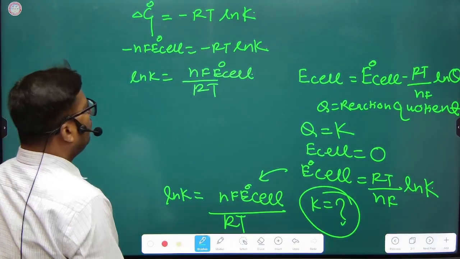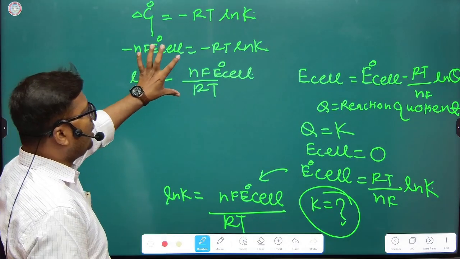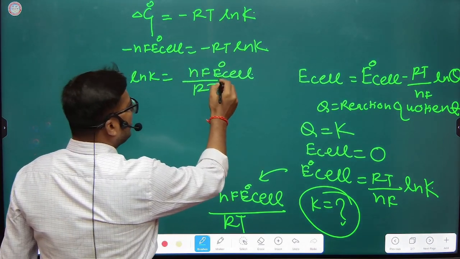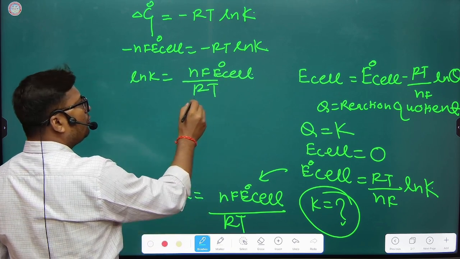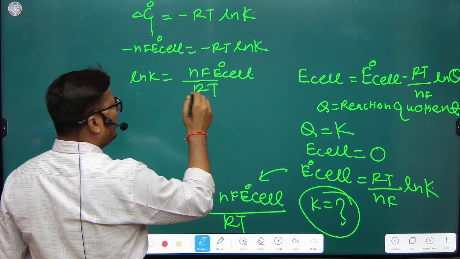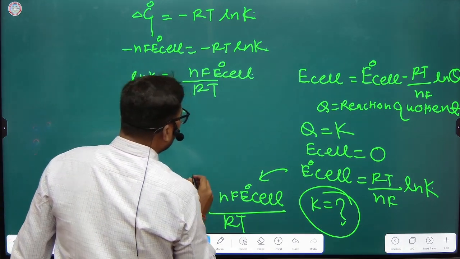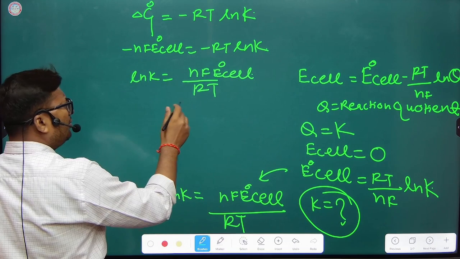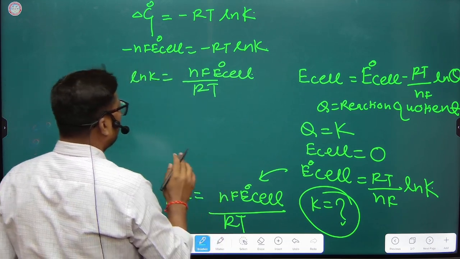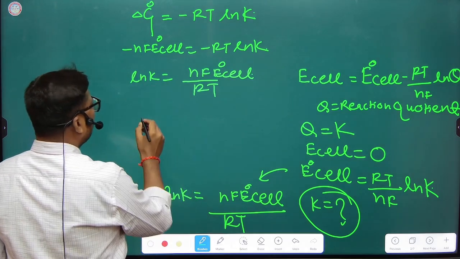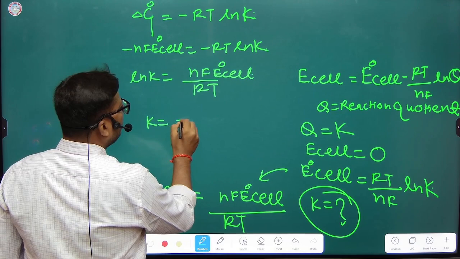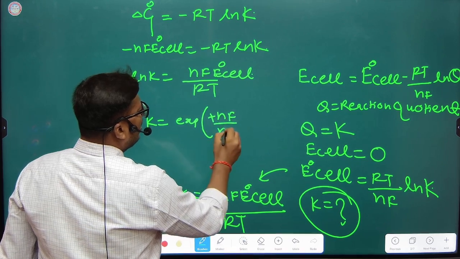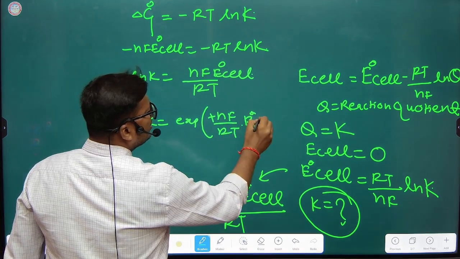If you put in the values for the zinc copper galvanic cell, then n is equal to 2, F is equal to 96,500, R is equal to 8.314, and T is 298 Kelvin. We can understand this by putting these values. So K is equal to exponential of nF E naught cell upon RT.